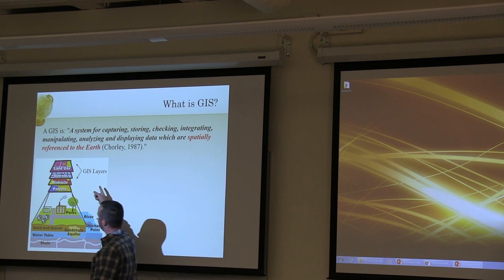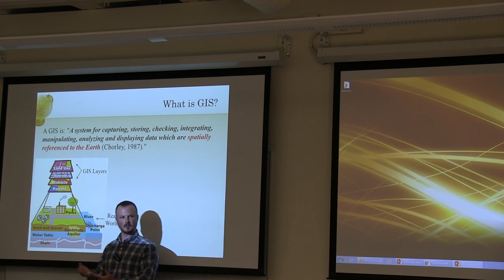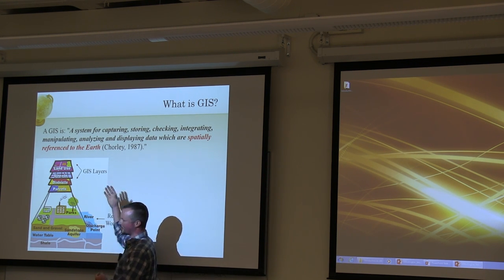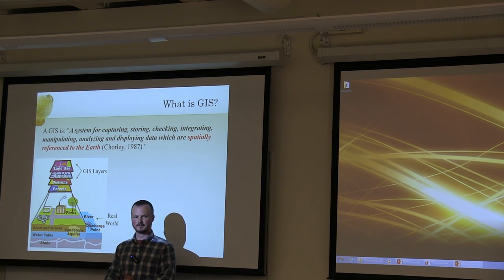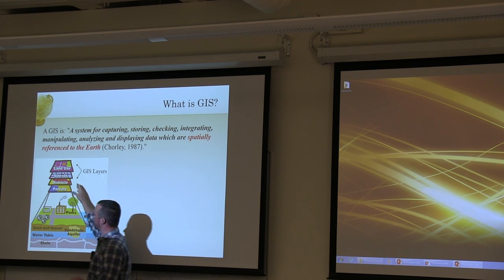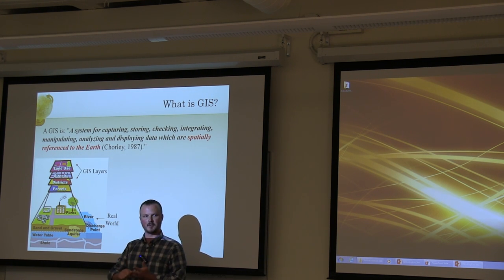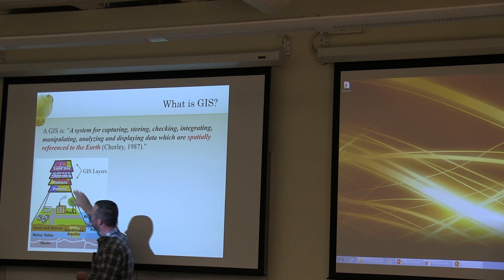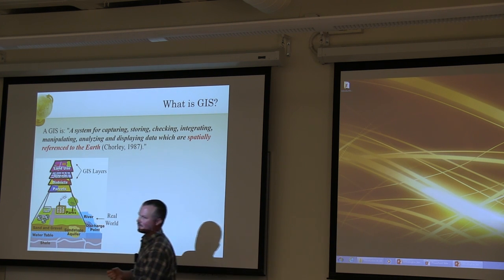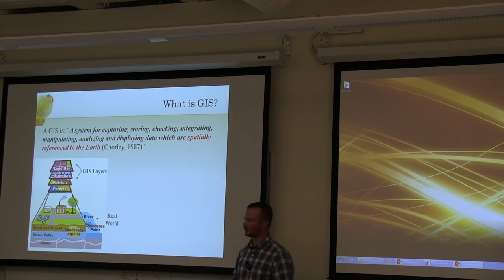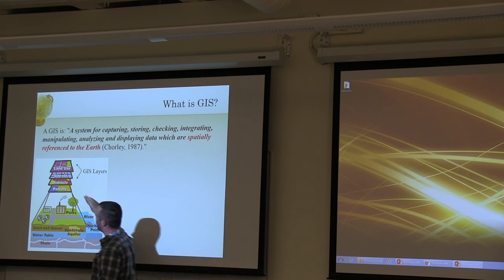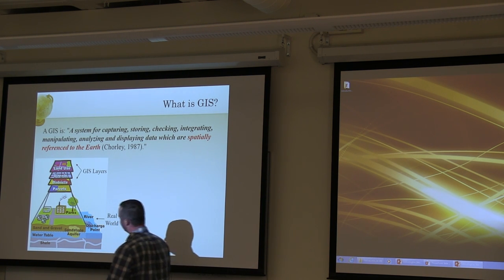So things like land use, what type of land is it? Is it agricultural? Is it industrial? Is it residential? Types of streets, so how wide are they? How many lanes, which way do they go? You might have districts. These could be things like voting districts, census tracts, land parcels, who is actually the owner of the land.